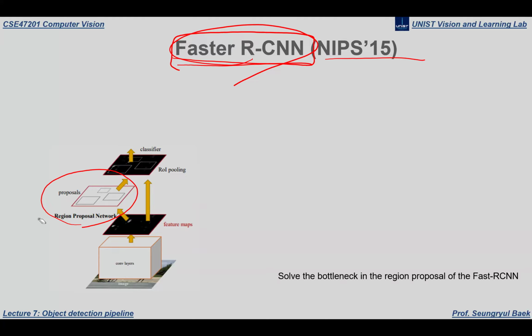Okay. Previously, it was not differentiable because it applies a separate clustering algorithm on the entire input image and then filters out some bounding boxes afterwards.